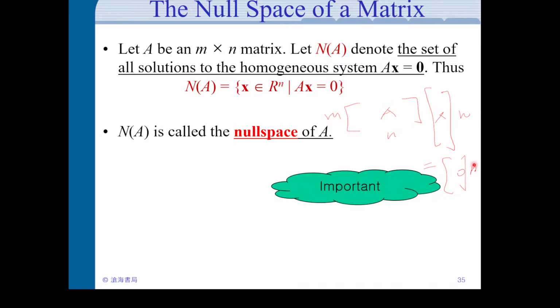And we know the 0 vector is always a solution here, but we want to see whether there are more solutions. So this is the definition: N(A) equal to the set of x such that Ax equal to 0, and this is called the null space of A. It is a subspace of Rn.